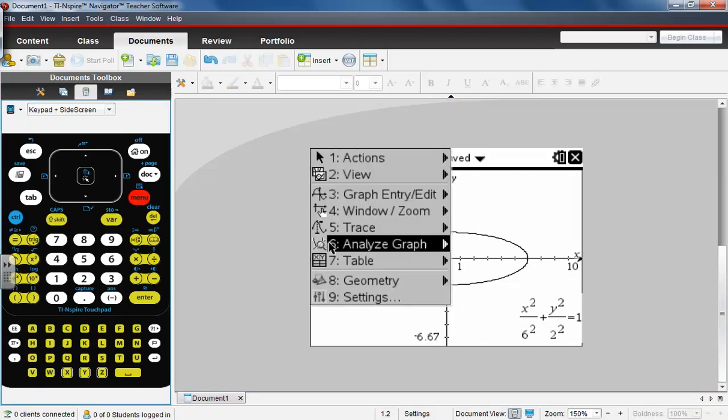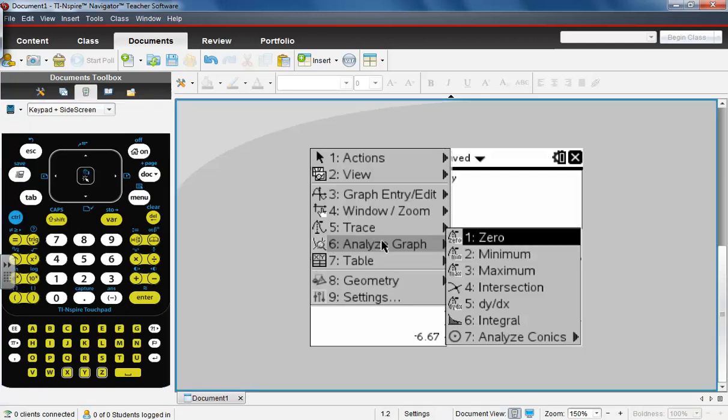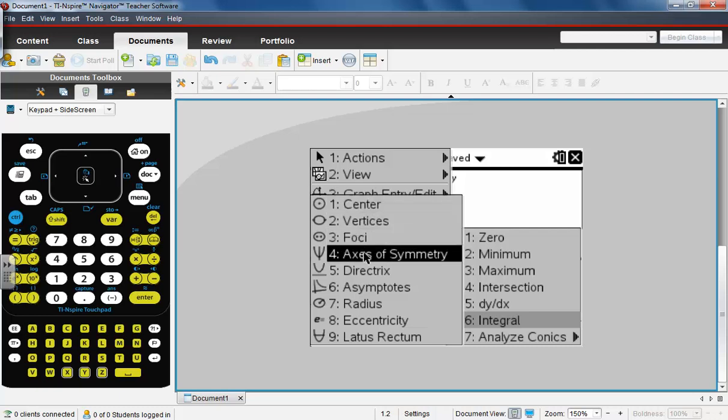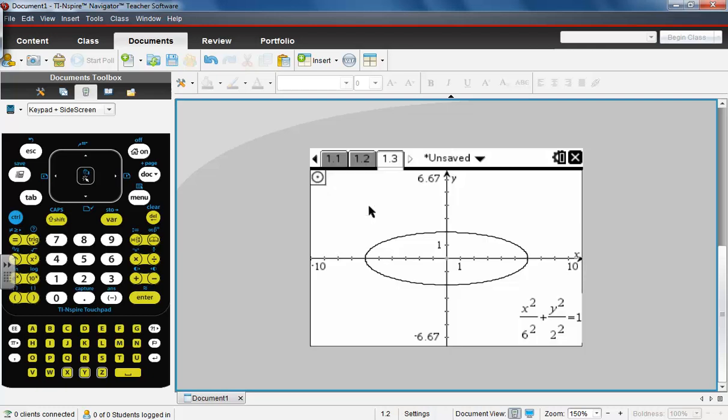So just like we analyze any other function, we can analyze the graph. And we're going to go all the way down here to analyze conics. And so we can choose several different things on the ellipse. We're going to be working with these three right here. And so you have a whole page of practice where you are finding center, vertices, and foci.